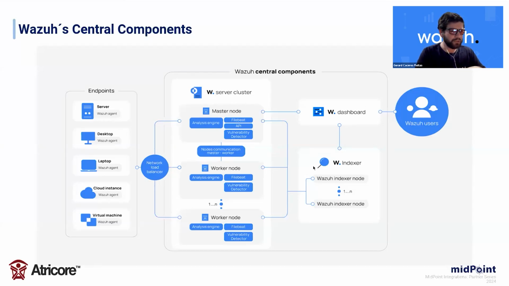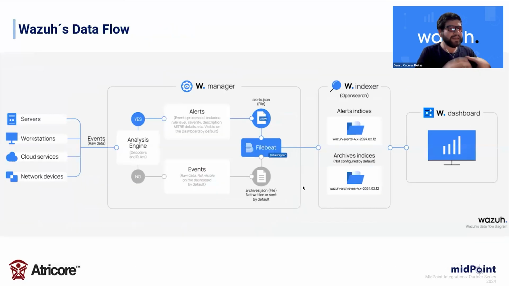Regarding application monitoring, databases, web services, and antiviruses are usually common use cases. It means that we can monitor both aspects of the endpoint: the OS insight, and also the applications that are running there. Well, that's the Wazuh agent.